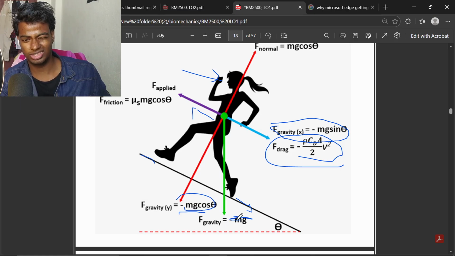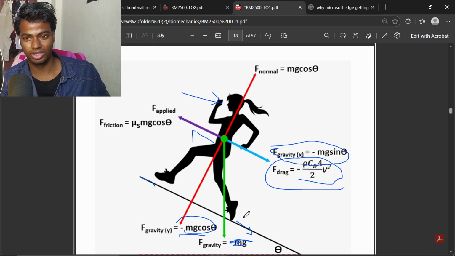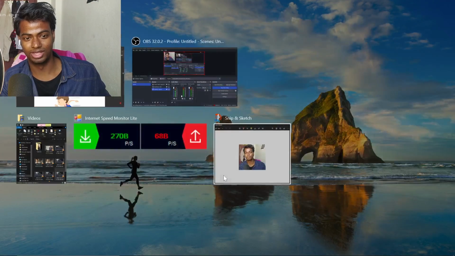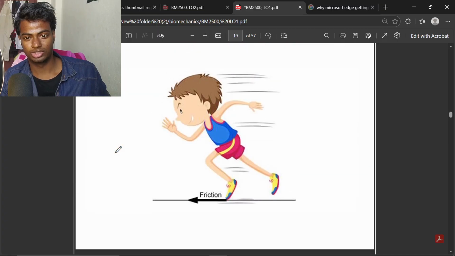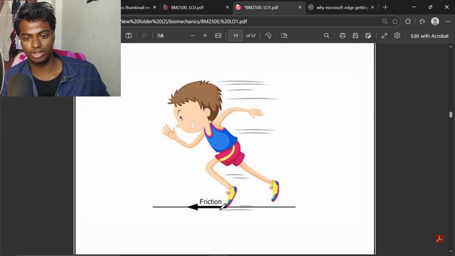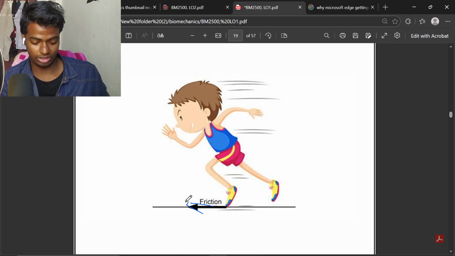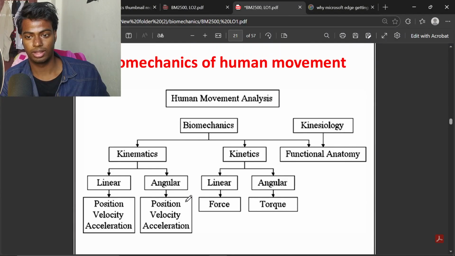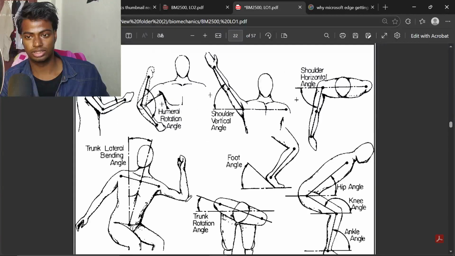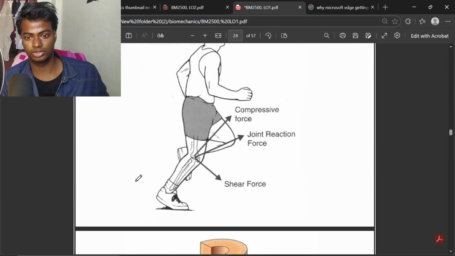Then you have the normal force, because of course her feet have to lie on the ground, so normal force will apply. So always remember when someone is running, friction is responsible for the forward movement. Great, that's the kind of angle we have gone through.